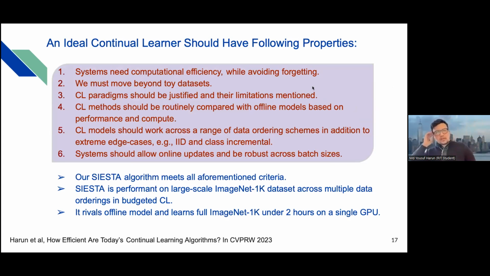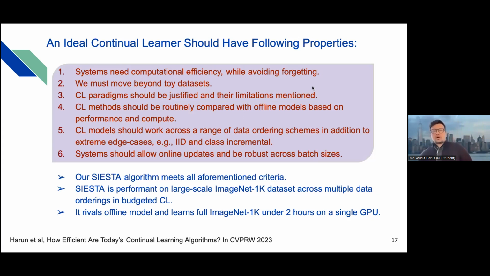So we argue that a continual learning system should have the following properties. It should be efficient over time. It should not just work effectively on small scale data sets, but also have the ability to scale, and it should be able to work on different kinds of data ordering schemes, from class incremental learning to the continual IID setting.